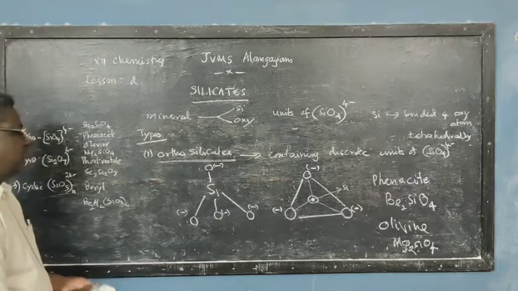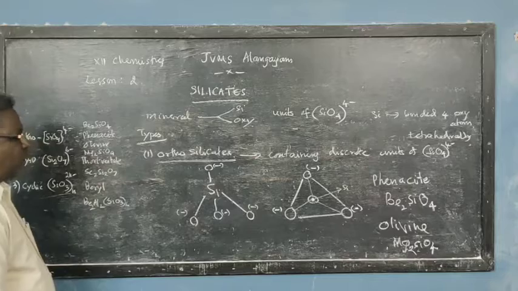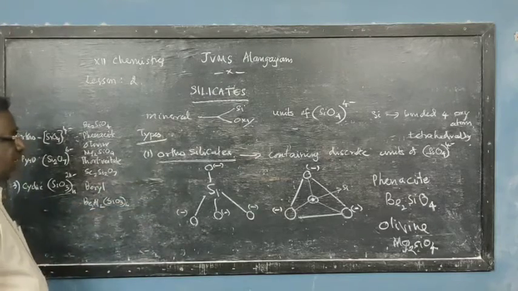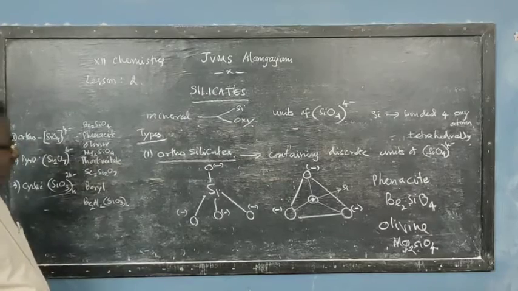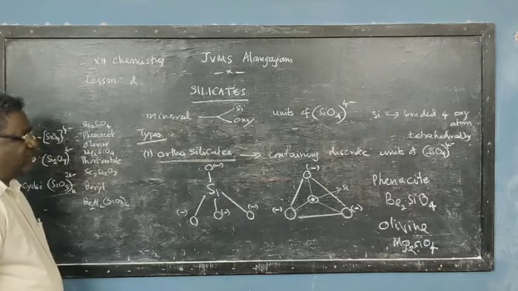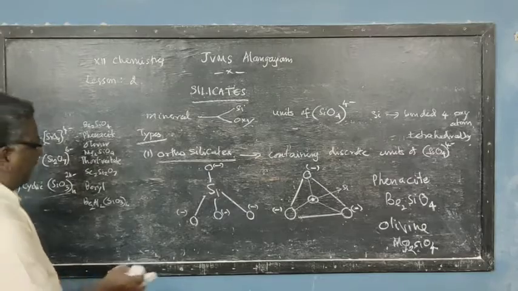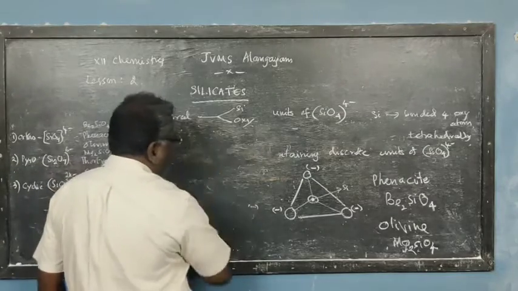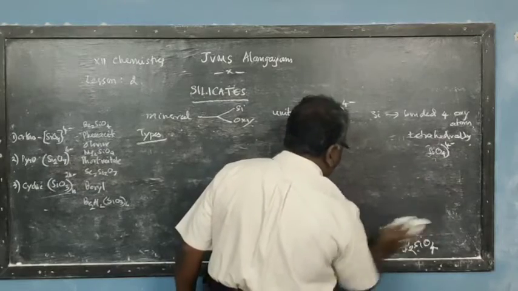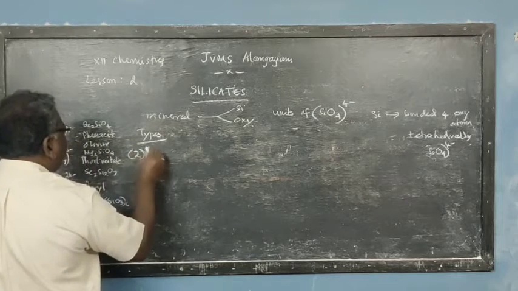So orthosilicates are the silicates containing discrete units of SiO4, right? And in that, every silicon is bonded with 4 oxygen atoms tetrahedrally, and the structure is represented either like this or like this. So this is how it has to be presented, right? This is the first type of silicates. And the second type of silicate is pyrosilicates.